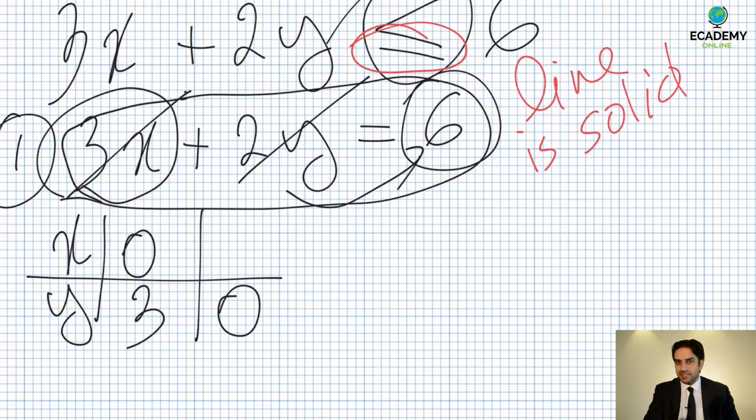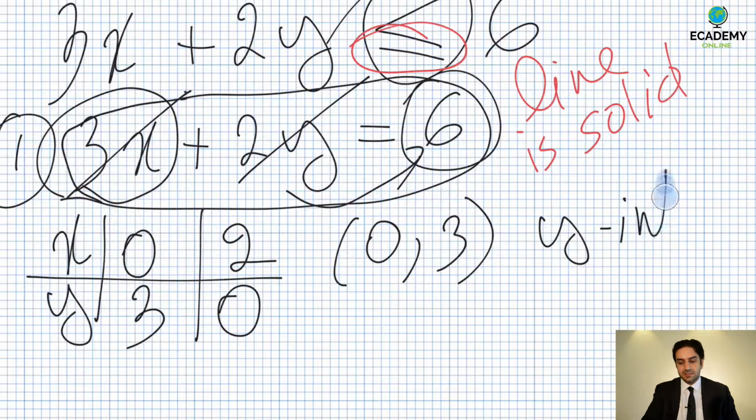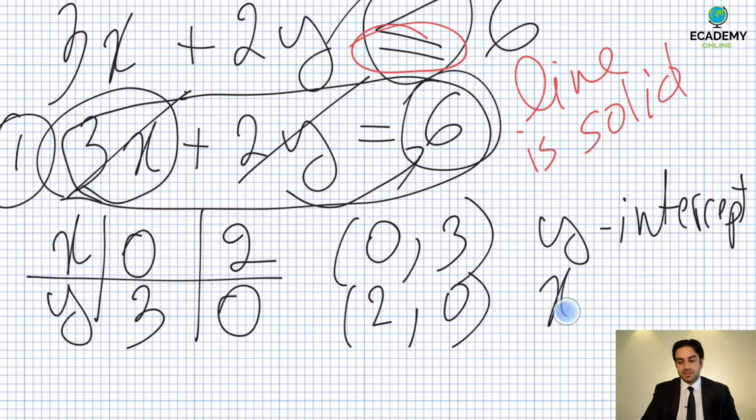That means x is equal to 6 divided by 3, which is just 2. So my two intercepts are 0, 3, my y-intercept, where the line will cut the y-axis, and my x-intercept is 2, 0.